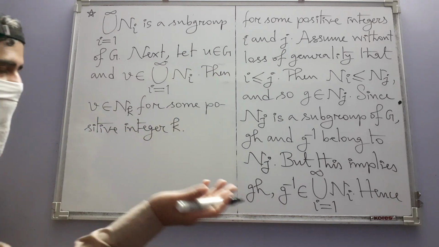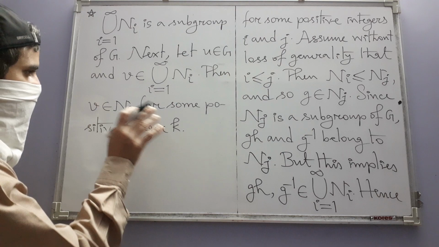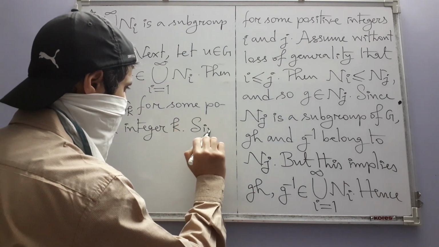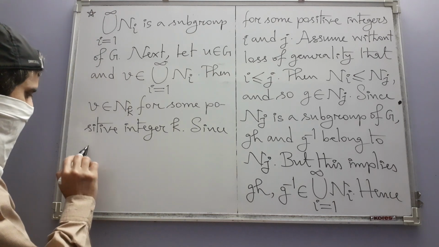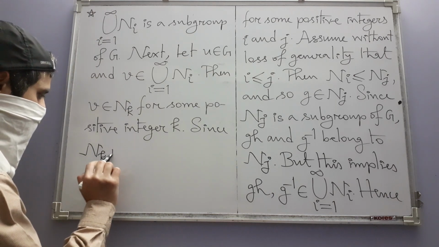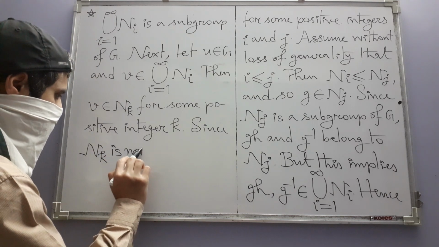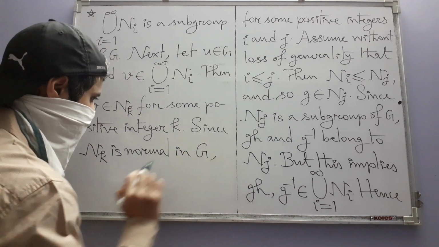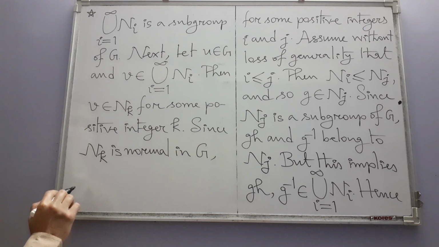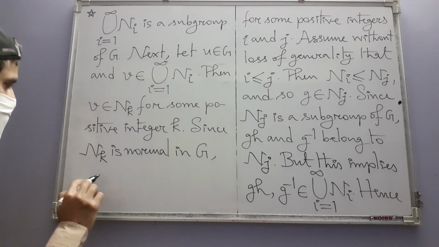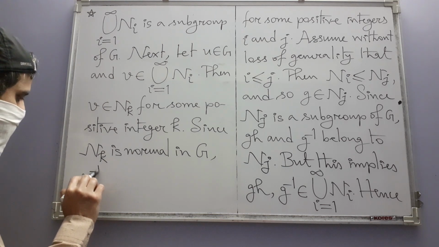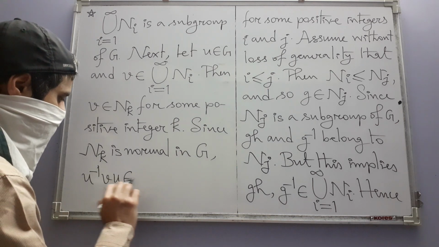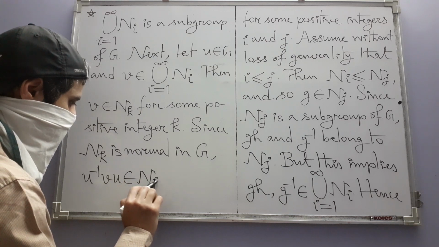Now we use the fact that Nk is a normal subgroup of G. Since Nk is normal in G, so U inverse V U belongs to Nk.